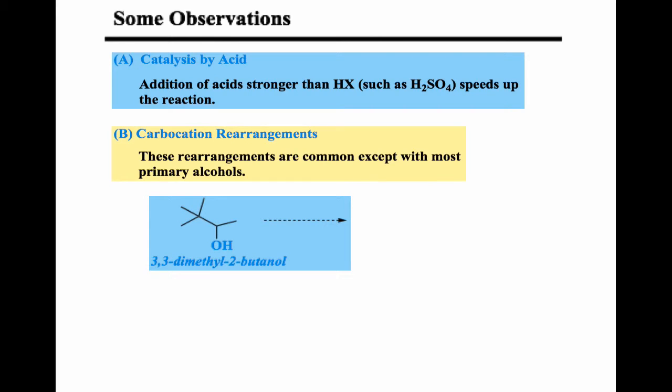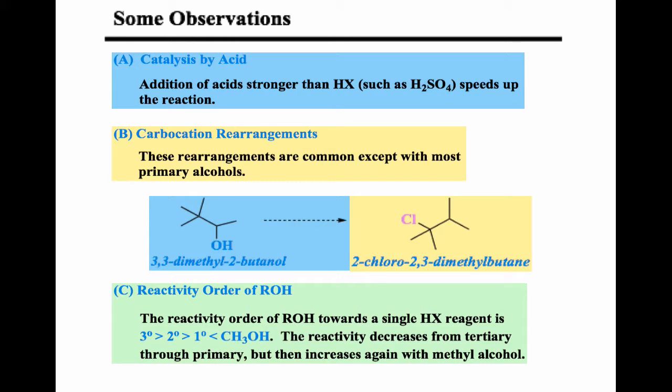So for example, if we took our good friend here, 3,3-dimethyl-2-butanol, which we would make from the alkene using oxymercuration-demercuration, right? And we subjected it to, let's say, HCl, you wouldn't get the product that you would expect. You would not get simply the OH being substituted with a chlorine, okay? You undergo rearrangements because we have a carbocation.